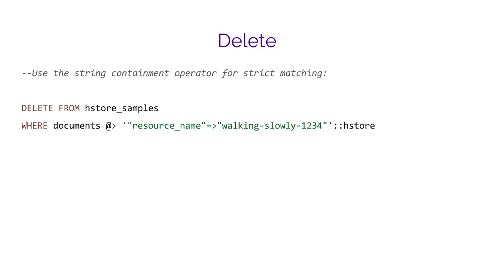So I'm going to delete the entire row from Hstore samples where the documents column has a value that contains the resource name of that specific value. And again, I'm explicitly casting to Hstore because Postgres would read that as text, and it needs to know that we're looking in an Hstore formatted field.